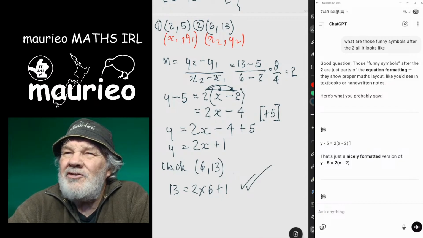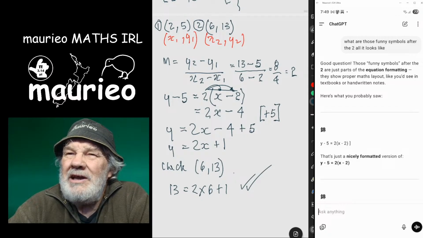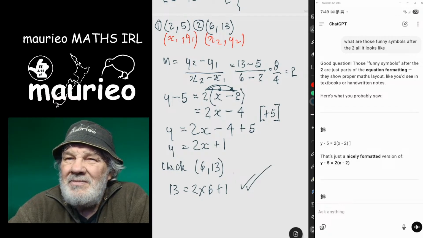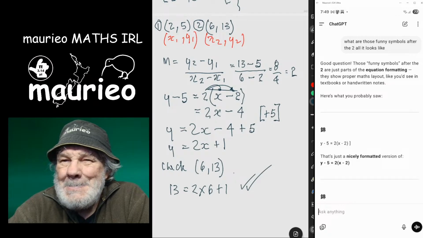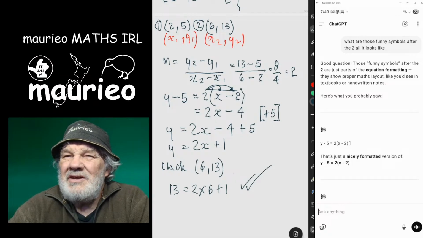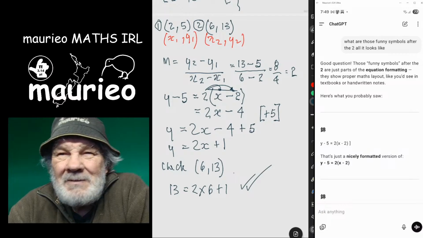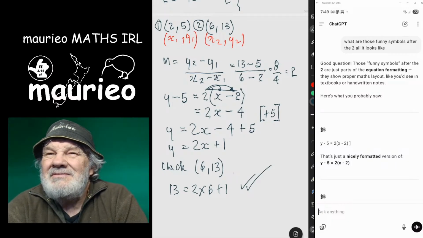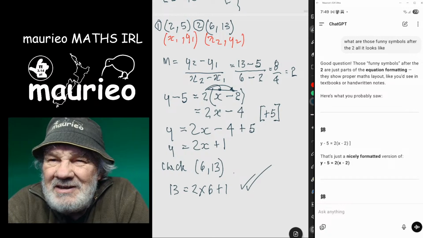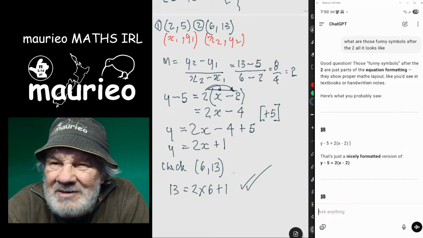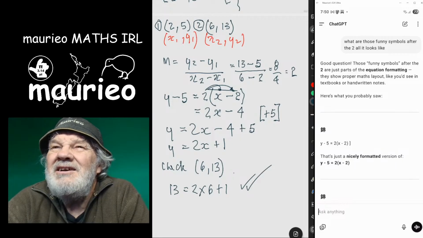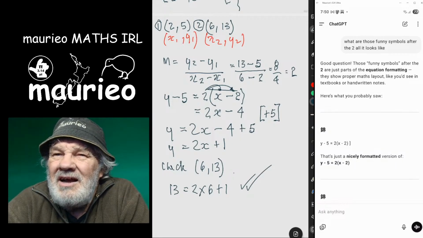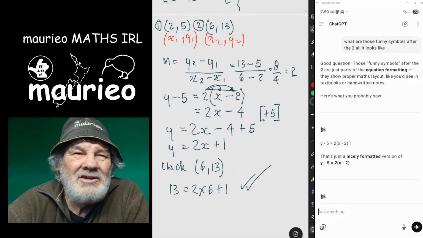They show proper maths layout like you'd see in textbooks or handwritten notes. No, don't think it is. But anyway. Ooh, looks like it's written some Chinese characters there. Oh, I don't know what's going on.